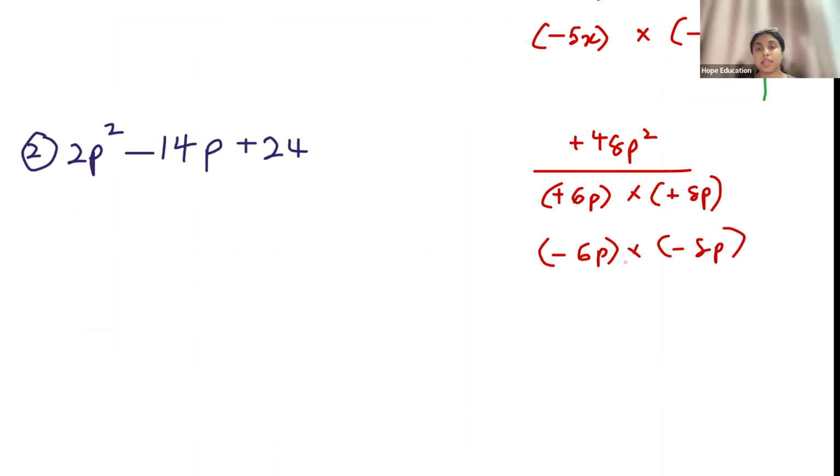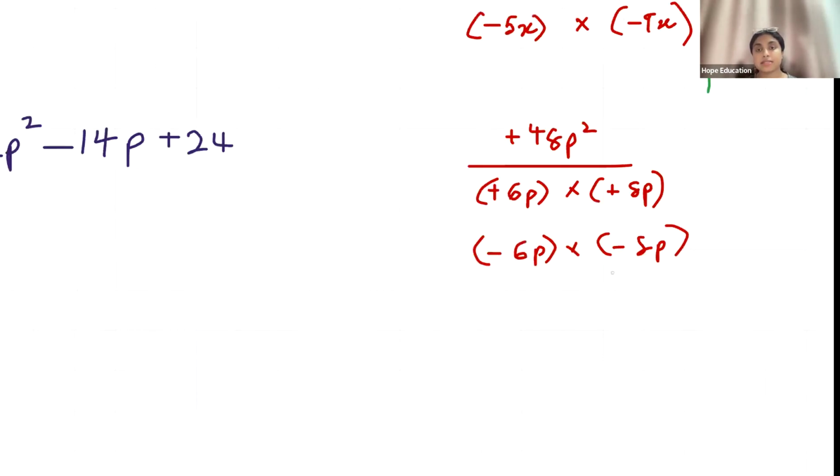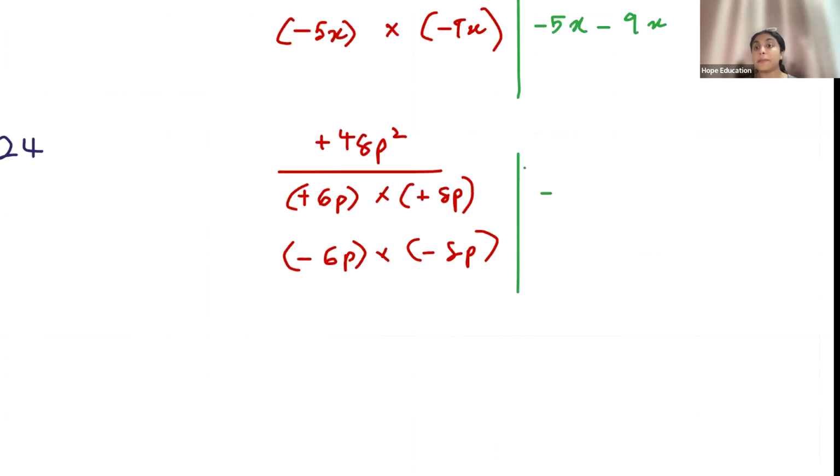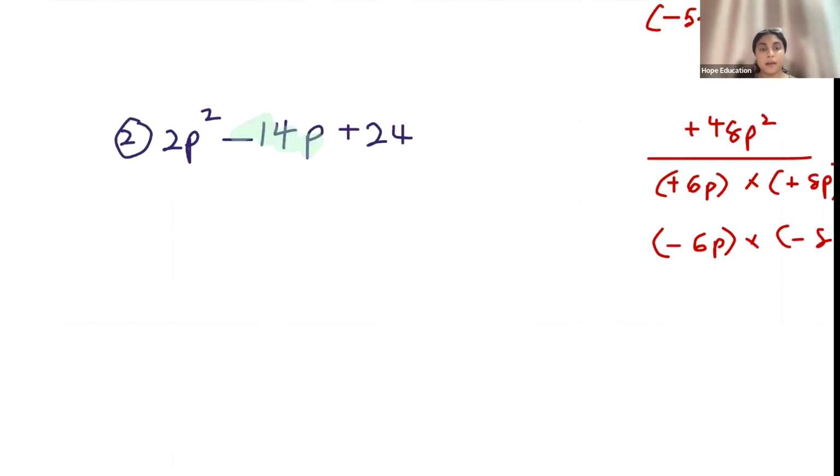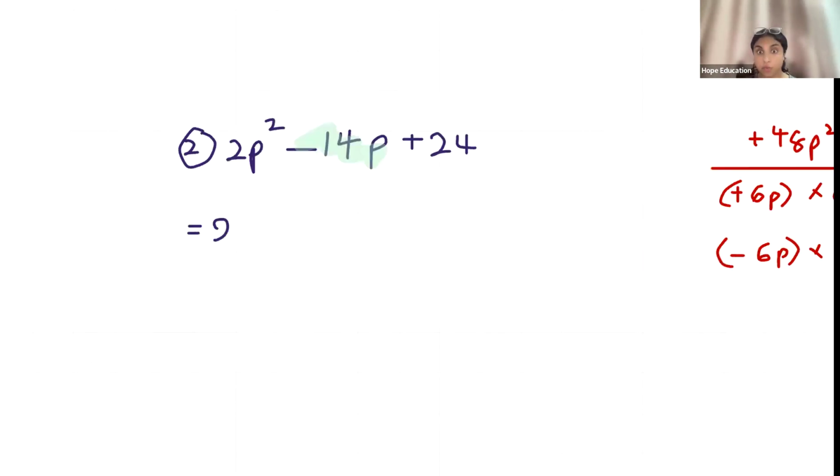Plus 6p plus 8p would be plus 14p. Then minus 6p minus 8p would be minus 14p. And this is what we want because we have minus 14p. Then we will write it 2p squared minus 6p minus 8p plus 24.